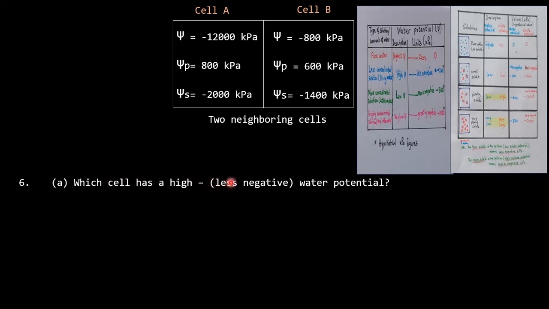Right? Less negative. Which of these cells? Okay. Then we have another question. In which direction will water move by osmosis, from cell A to B or cell B to A, looking at the values that have been provided?